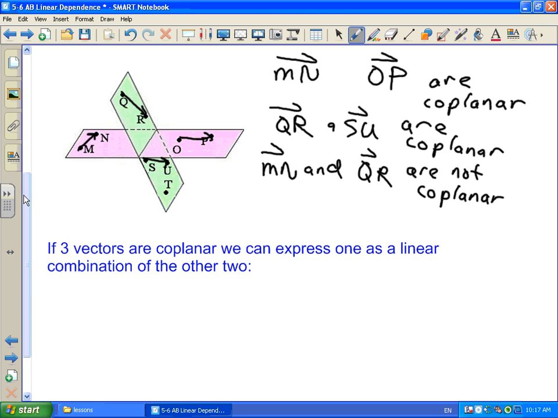So we could say if we've got three vectors, x, v and u, and we can write x equals a v plus b u, that means all three of these vectors are coplanar. Which again is just another way of saying that they are linearly dependent.